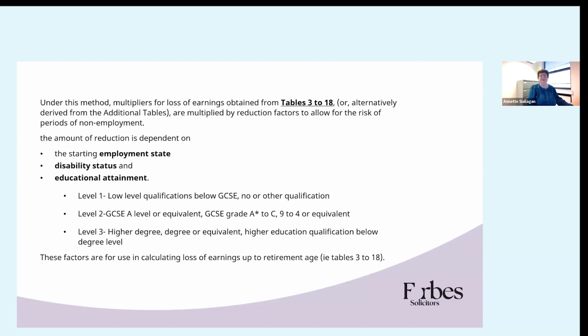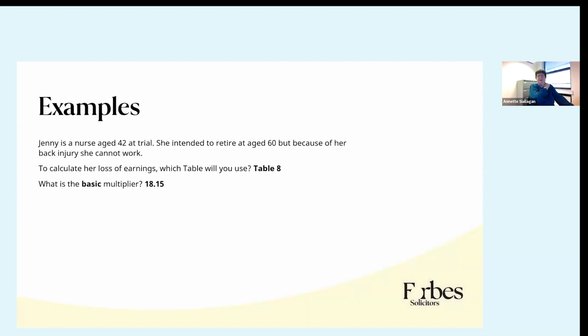Now that's not very clear, but if you need to do the assessment yourself, then go to the explanatory notes in the Ogden tables, they will give you examples, for example, whether an NVQ, which level that is. So there are much more detailed notes in the tables themselves. And you would use these factors to apply to your multiplier to recalculate to get an adjusted multiplier.